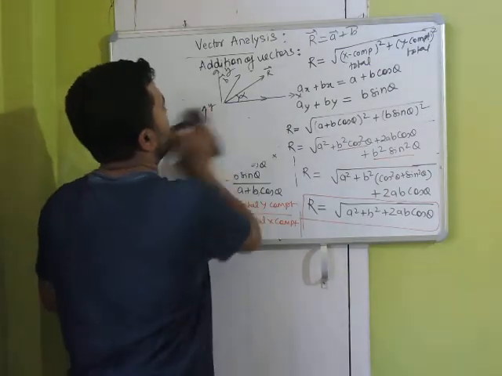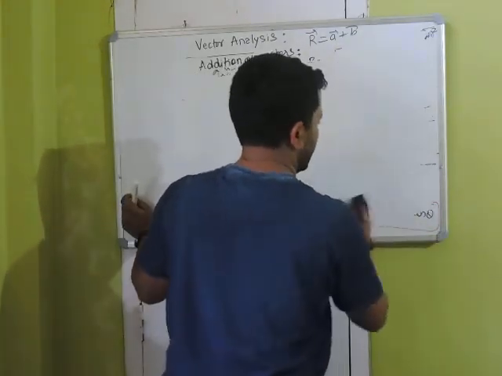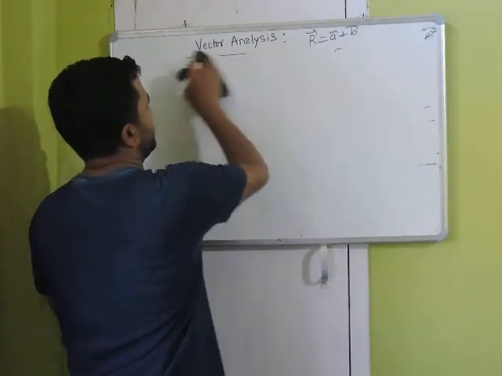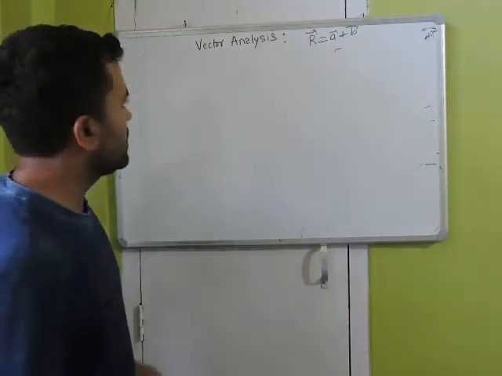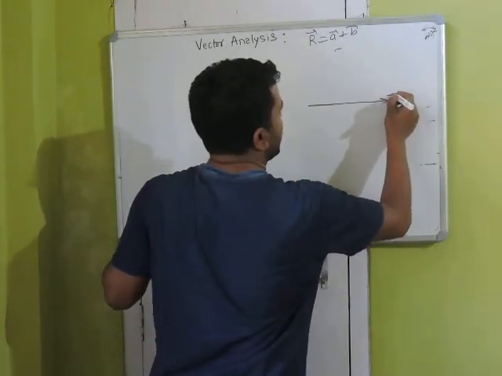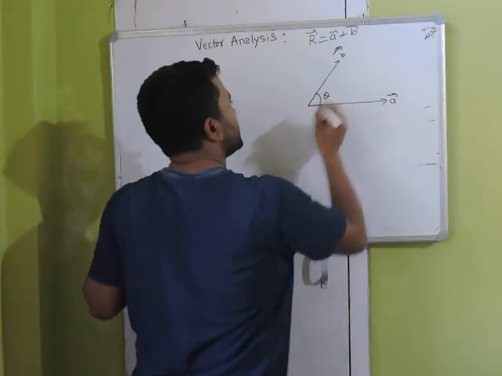Now this is one thing. How do we subtract these two vectors? So I had a vector a and vector b acting at an angle theta.